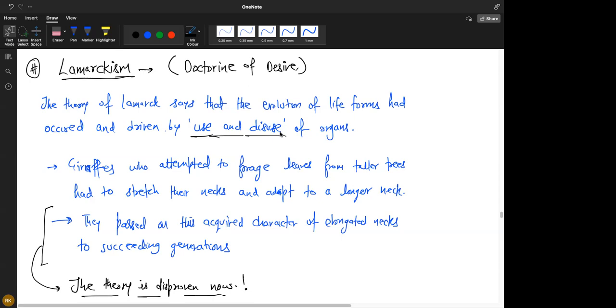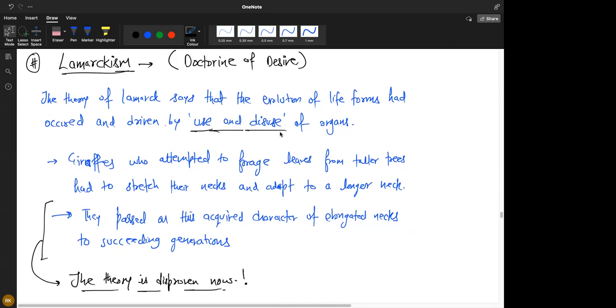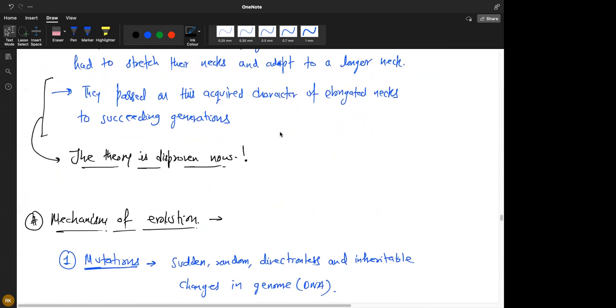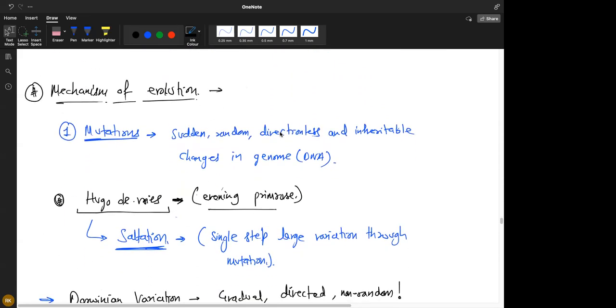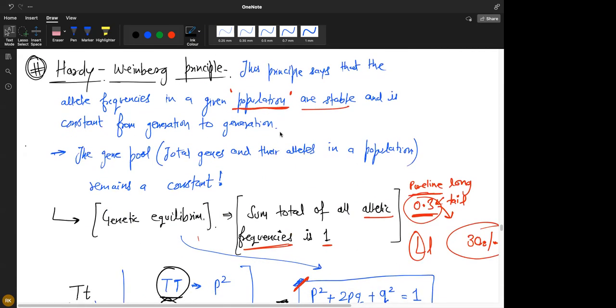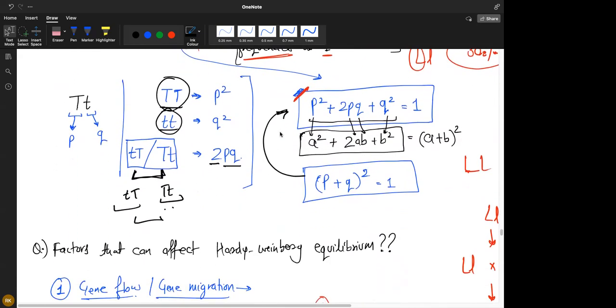That's how Lamarckism came and the doctrine of desire came, and Lamarckism had followers, people who were trying to prove it, but the theory was eventually disproven by observational evidences, fossil record and anatomical evidences as well. So correct, good. That's an important topic.